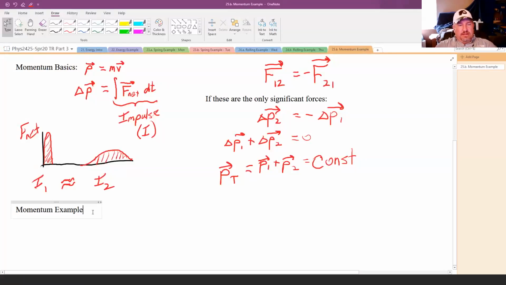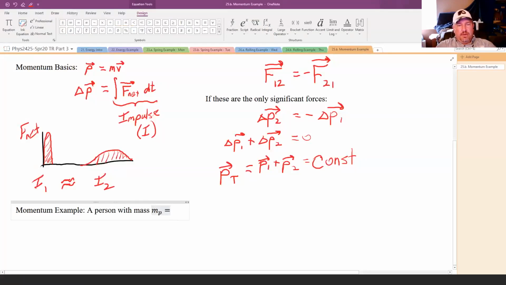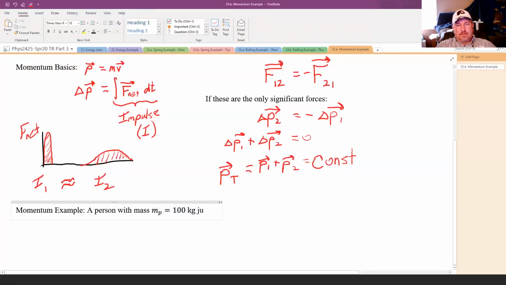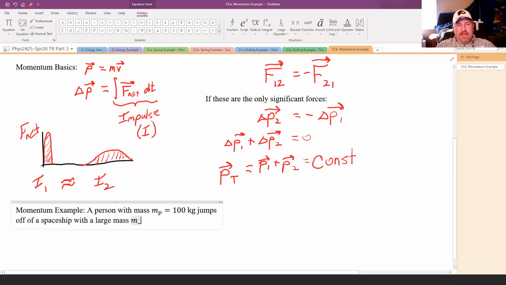So let's take a person with mass M_P equal to 100 kilograms, who jumps off of a spaceship with a large mass, M_S equal to 100 million kilograms.